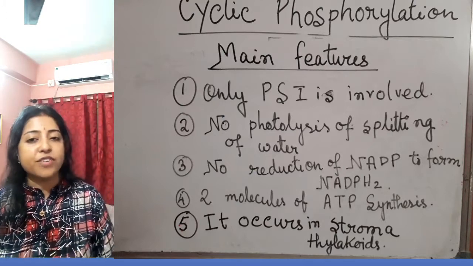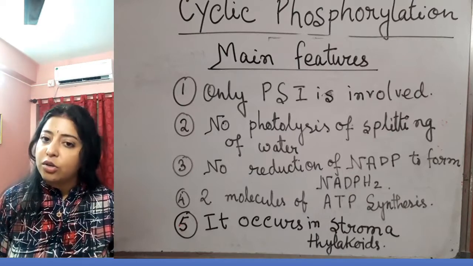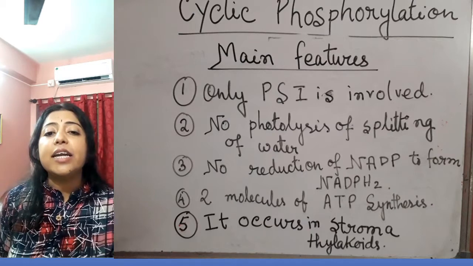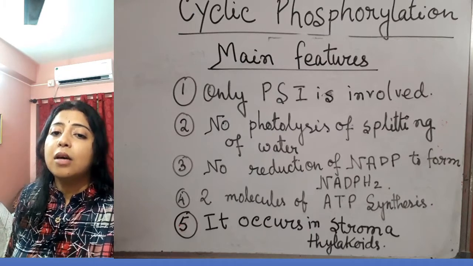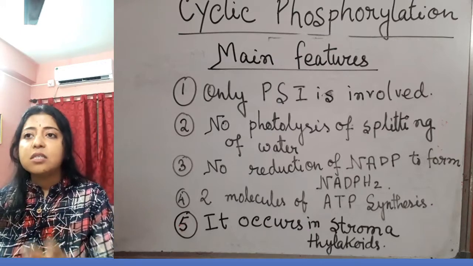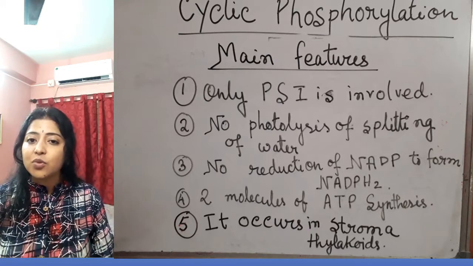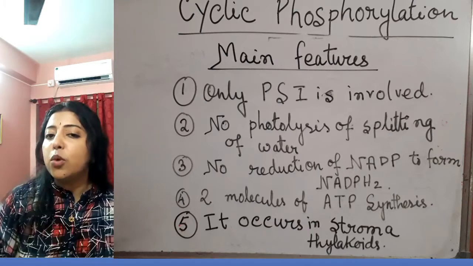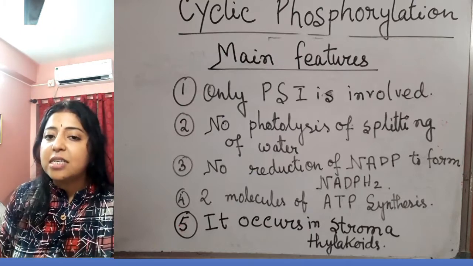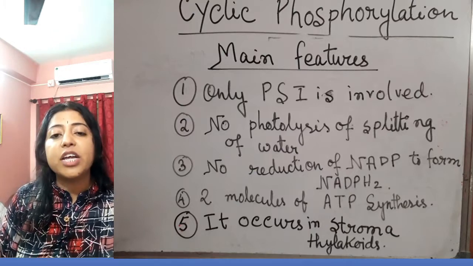And no reduction of NADP happens. The site of this process is stroma thylakoids. And last one, in two phases they will produce 2 moles of ATP. Clear? So these are the main features of cyclic phosphorylation.